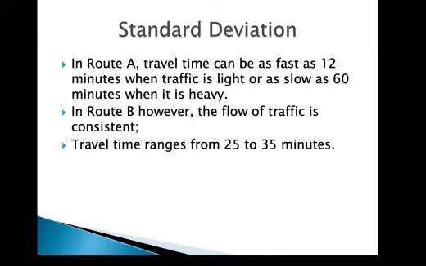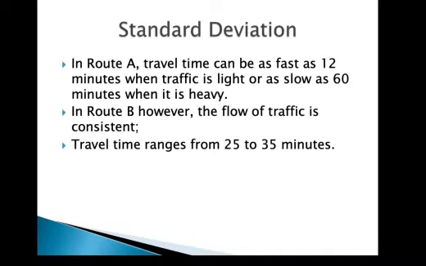Now, in route A, however, travel time can be as fast as 12 minutes when traffic is light and can be as slow as 60 minutes when it is heavy.